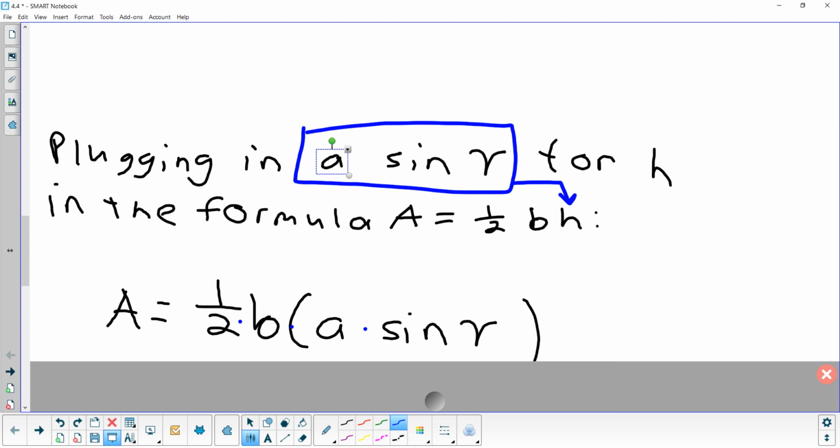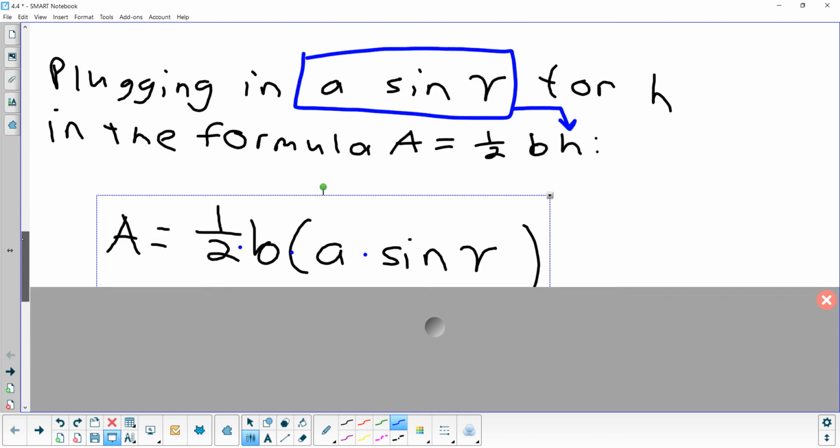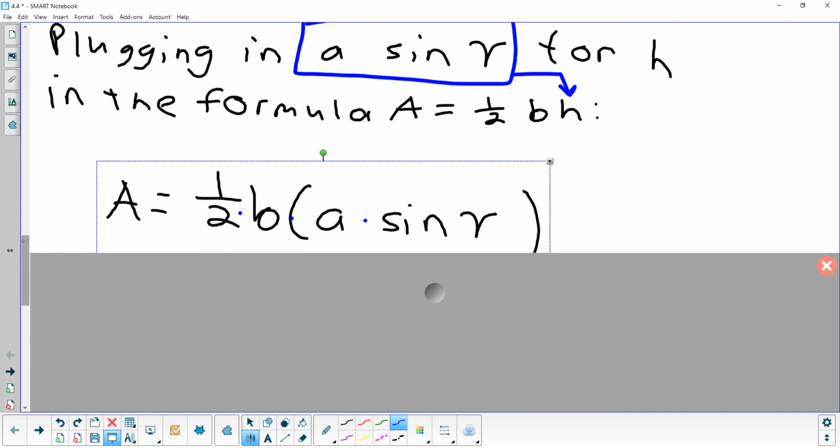This is all multiplication. There's no addition here. There's no subtraction. There's no division. There's no exponents. There's nothing other than something times something times something times something. So if we're going to multiply 4 things together, what we usually do, just because I like to write it a little nicer, is we put it in alphabetical order.